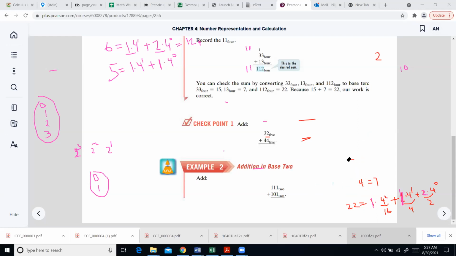So I start with the last digit as usual, add those last digits, and they both have 1 in them. So when I add these, I should get a 2. But I cannot write 2 because in base 2 we have only 0 and 1. So what's 2 in base 2?